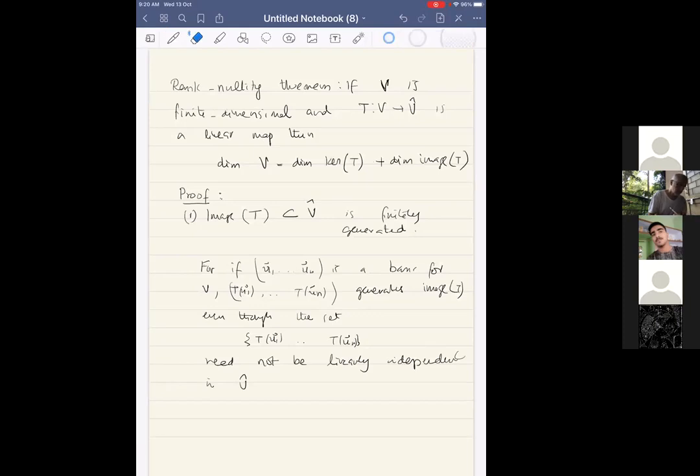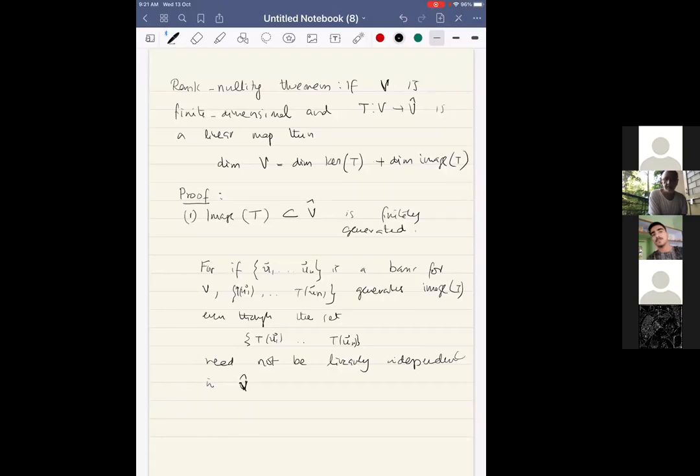Let me be consistent about my notation. I just mean the set. Okay, so I'm assuming that I can go on. Note that if U1, U2, ..., Un is a basis of V, then TU1 to TUn should be linearly independent now?